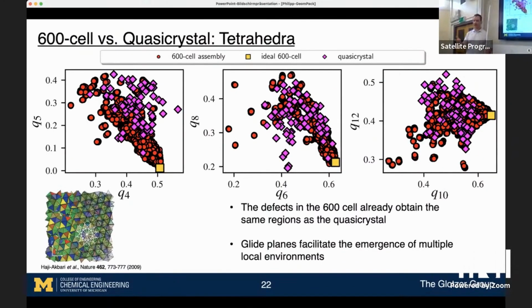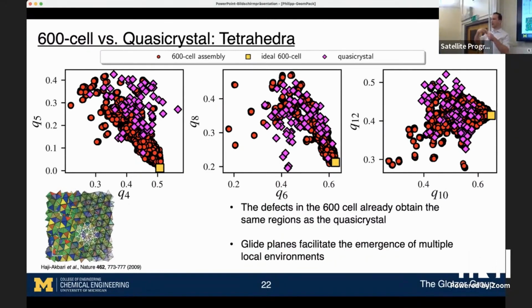So let's go to the next example, the 600 cell. Here you can already see, if you compare the ideal quasicrystal to the 600 cell, that these kinds of voids and interstitials that they have to integrate already fit pretty nicely with the local environments of the quasicrystal.